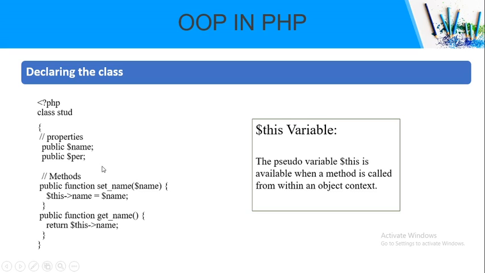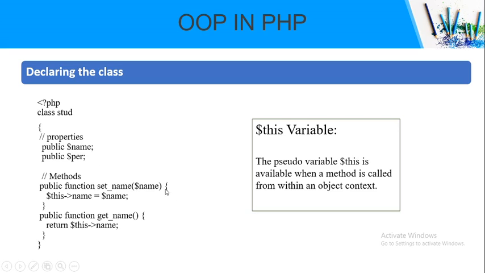Then you can also define the method with the public function keyword, and set name is the name of the function, and here you can pass the argument as $name which is declared earlier.